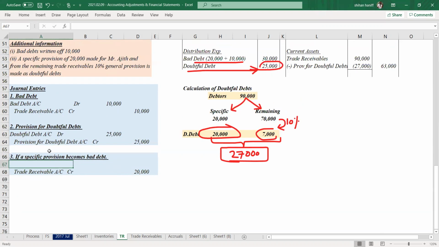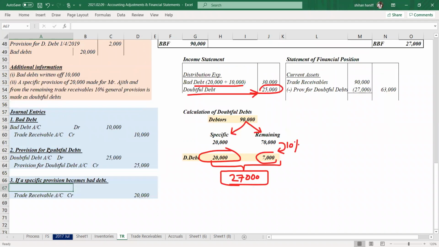Here I assume that Ajit becomes bad debt. What is the debit account? Can you tell me? What is the debit account if a specific provision becomes bad? It's 20,000. We have to deduct from the trade receivables because it was not deducted.